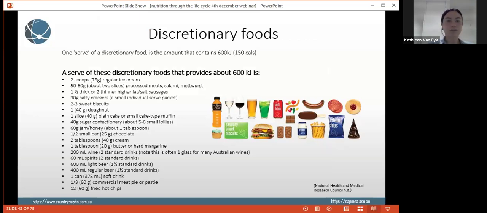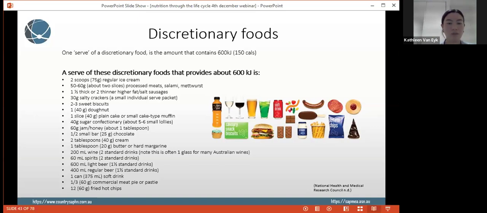So for example, 2 scoops of ice cream is already 150 calories, or 2 to 3 sweet biscuits, half a small bar of chocolate, 25 grams, which is about a row of your typical Cadbury chocolate, or even 200 ml of wine, which isn't a lot, or a beer.